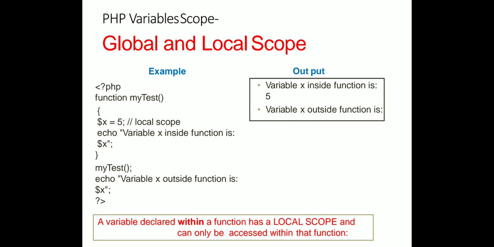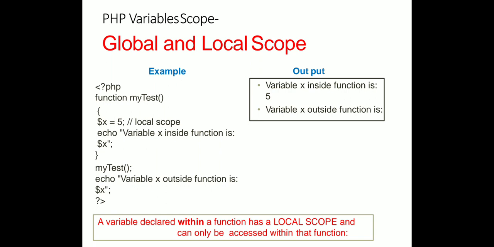After closing the function, I have given the call to particular function, and again I have written the echo statement as variable x outside function is and $x. Okay, so output for this program will be variable x inside function is 5, that value I have provided to x, and variable x outside the function is, that will be a blank space.